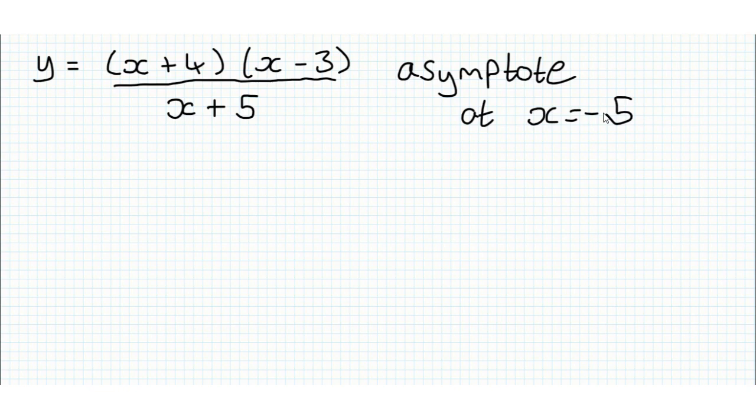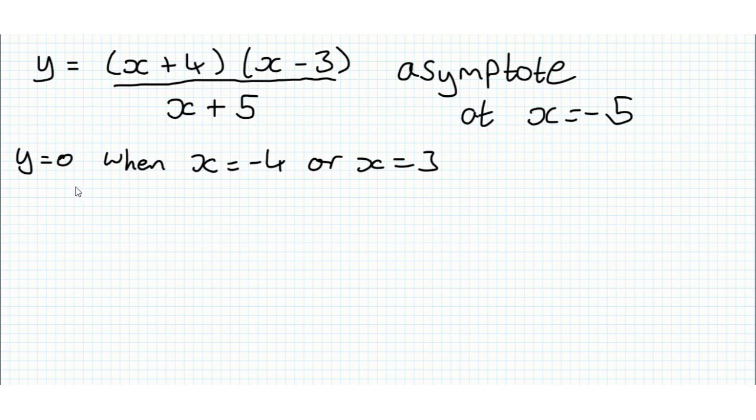The next thing we look at is intercept points. So when is y equal to 0? Well, y is equal to 0 when the numerator is equal to 0, so when x is equal to minus 4 or x is equal to 3. So now we have two x-intercepts.